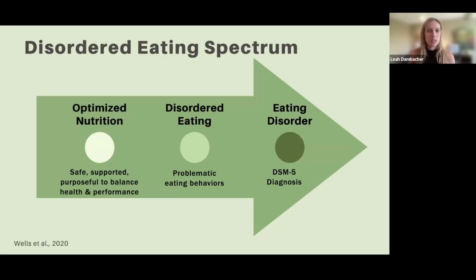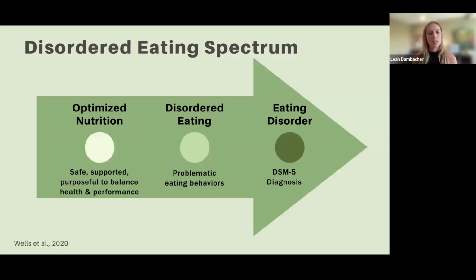So as we mentioned, disordered eating can be a really large risk factor or consequence of low energy availability. There's a lot of body changes going on around this age in high school, potentially some perceived performance benefits to weighing less or having differing body compositions.